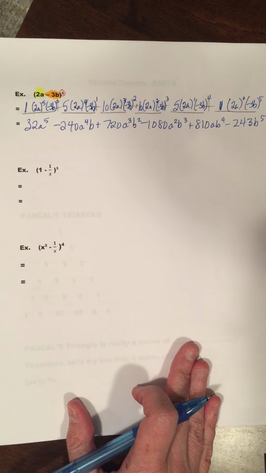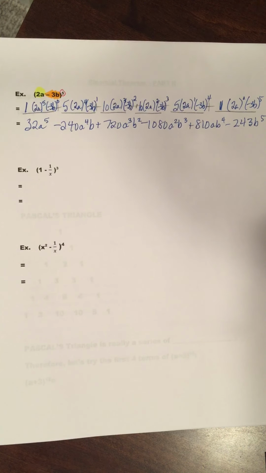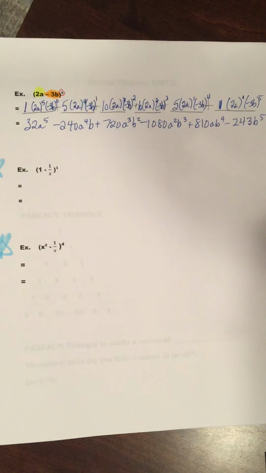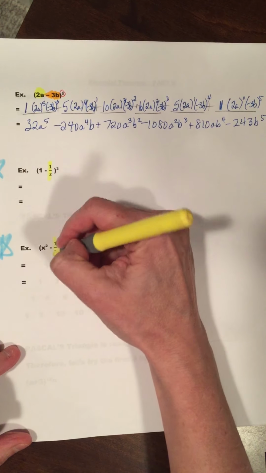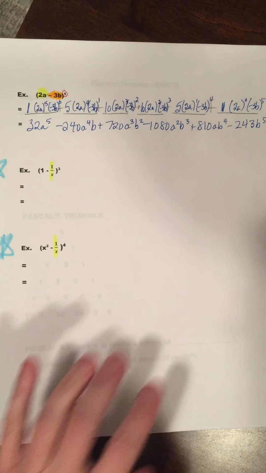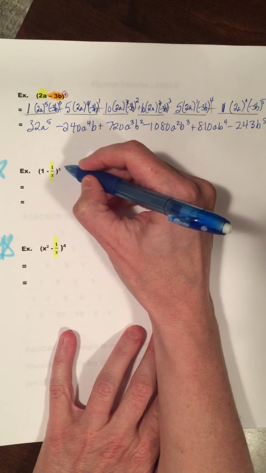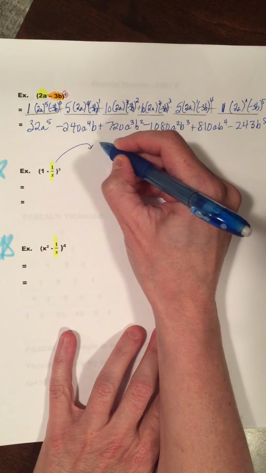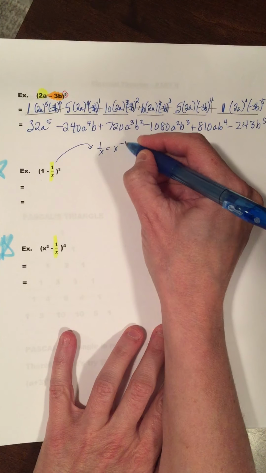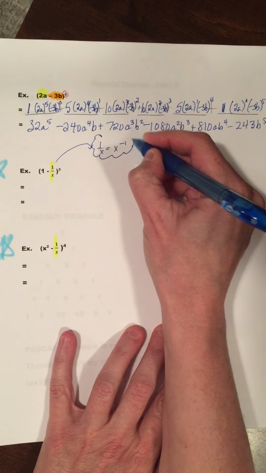Okay, let's look at the last two examples. Now, the last two examples, obviously, look harder. Yeah, they are. Now, why are they harder? Because of that guy right there. And if you think back to grade 11, 1 over x can also be written as x to the negative 1.